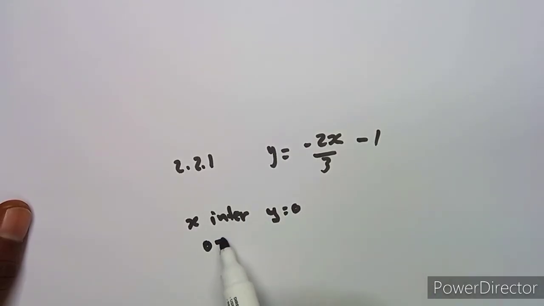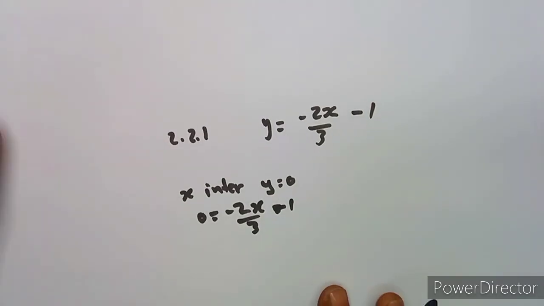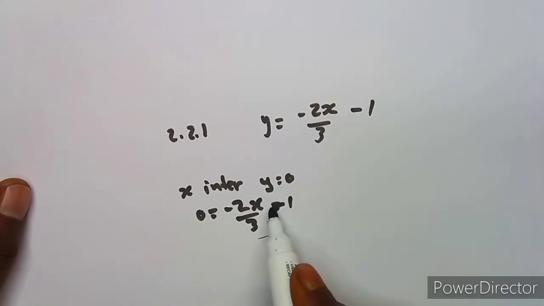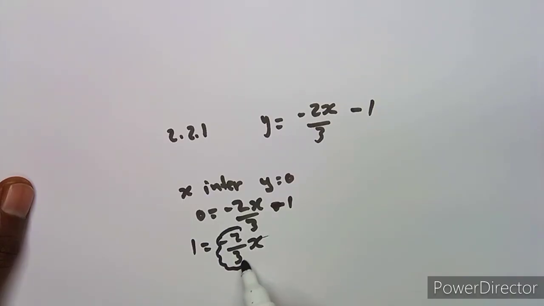So if y is equal to 0, you're going to have minus 2x over 3, which is equivalent to minus 1 there. So we can find x, just transpose this, negative 1 to this side is 1, which is equivalent to negative 2 over 3 x. Then divide by negative 2 over 3 both sides.